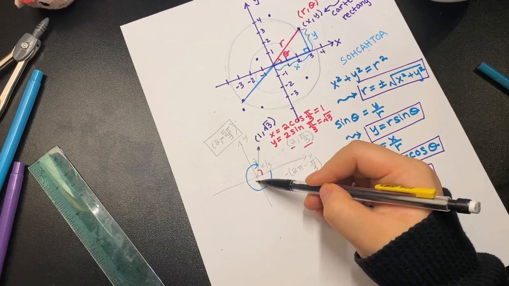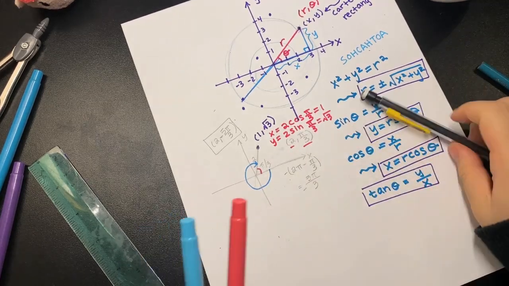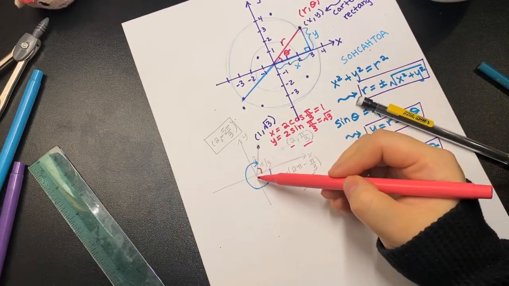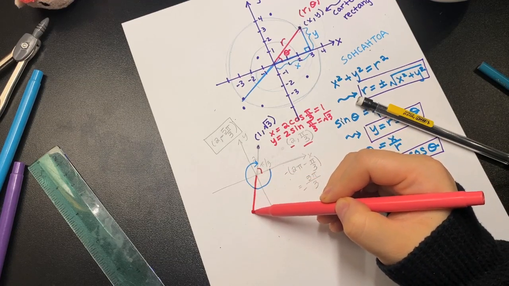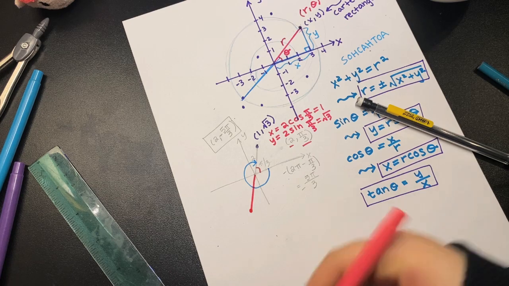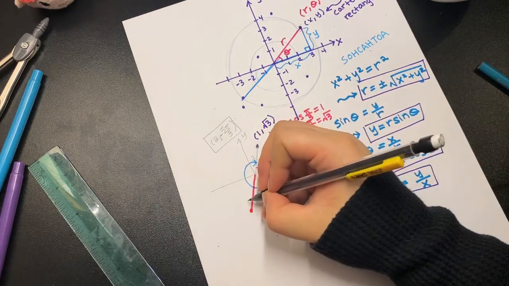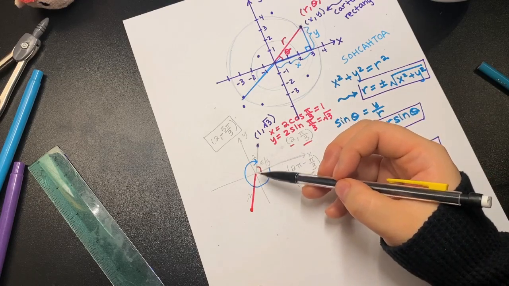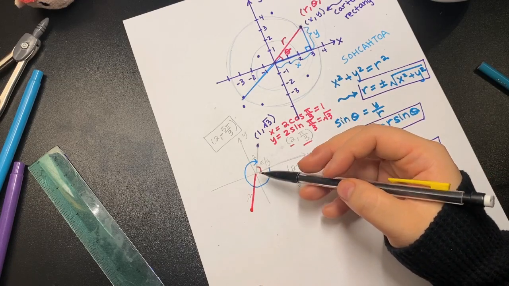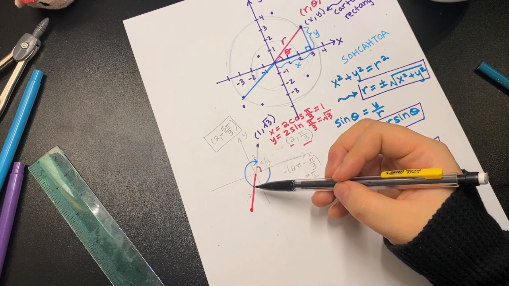Now if we flip this over, we reflect it over here with exactly a distance of 2 as well. This would be an r of negative 2. Okay, well, it's not just negative 2, it's relative to the angle that we're looking at.